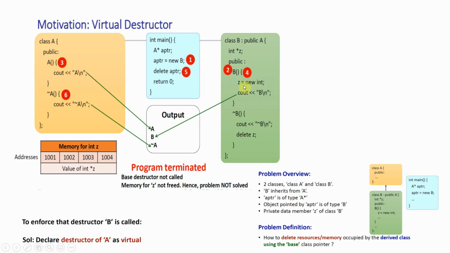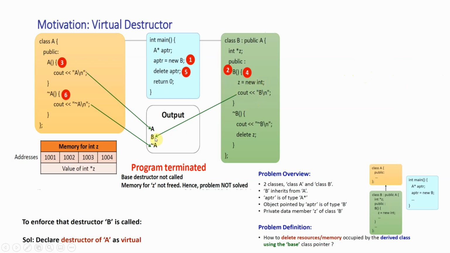This newly allocated object has a pointer to an integer called z, and z is now going to point to a dynamically allocated integer. Anything that's dynamically allocated, we have to make sure to deallocate it, otherwise we would have a memory leak. So this is done, and then it prints B.